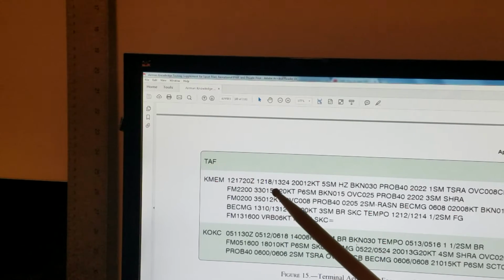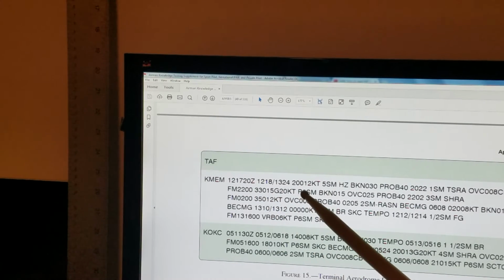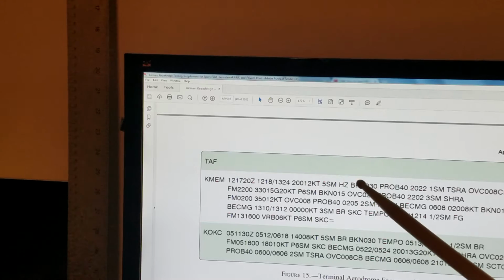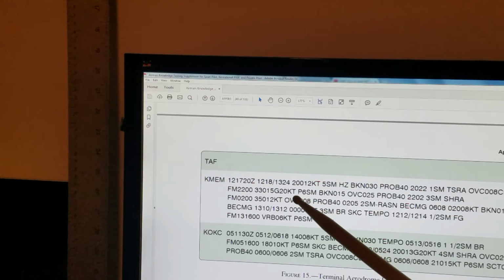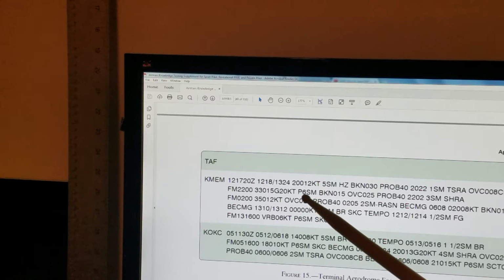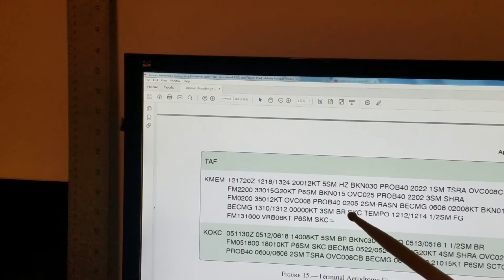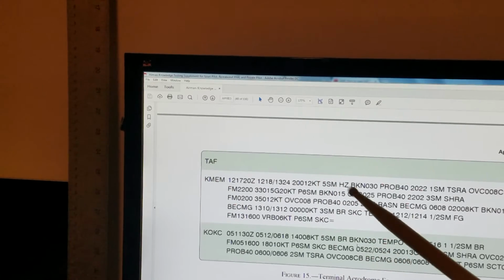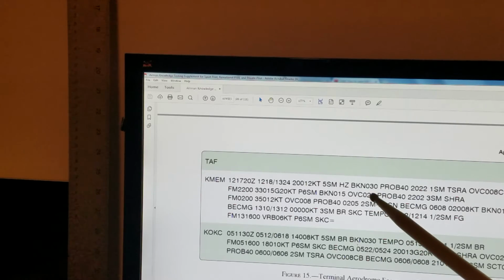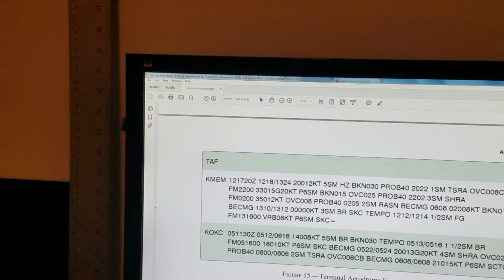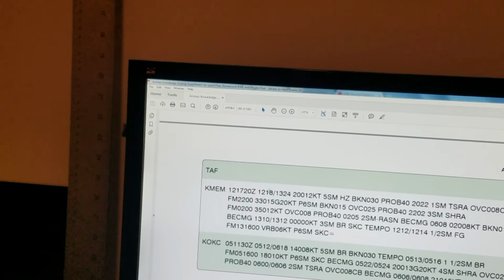What it says is 12:18 to 13:24 is the duration that will be valid, and the wind is coming in from 200 degrees and 12 knots, and the visibility is 5 statute miles, and you have haze, broken clouds at 030, and then let me get to the next item.